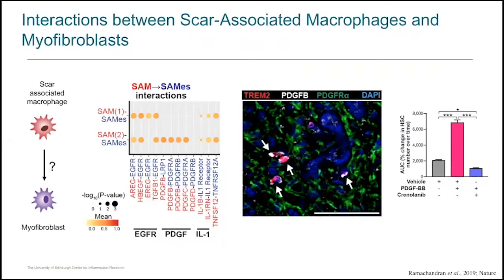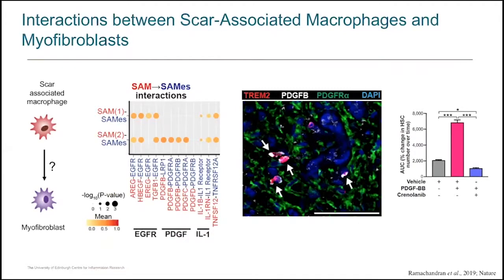For the purposes of this presentation, I will focus in on the macrophages, labeled as SAM, and the myofibroblasts, labeled as ES, and their interactions. Within the CellPhoneDB output shown in this slide, circle size indicates p-value and color denotes average ligand and receptor expression levels in the interacting populations.